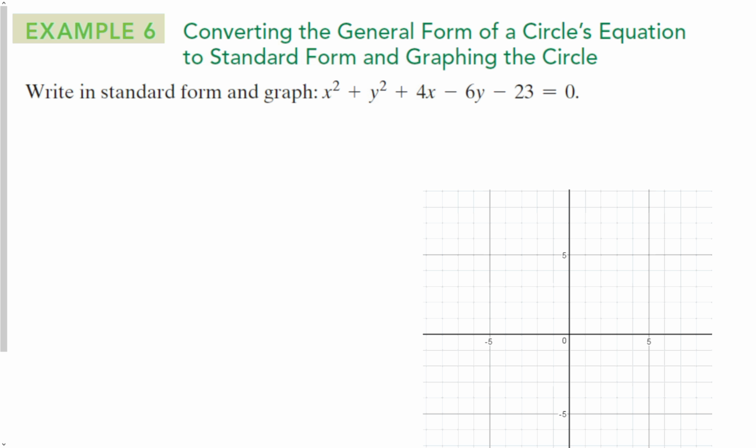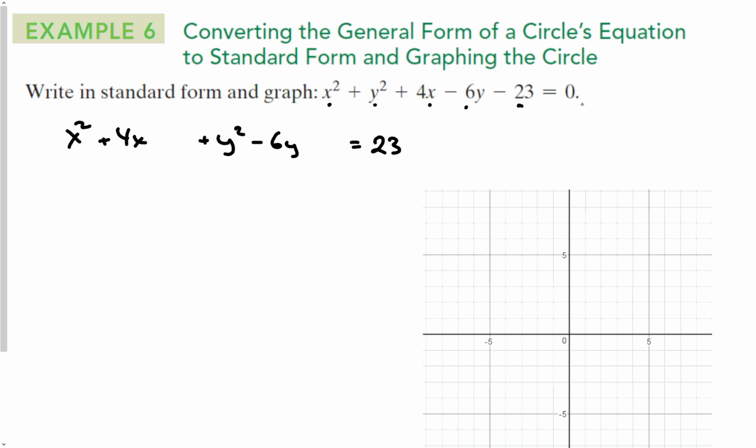And the way I'm going to do that is I'm going to write the x's together. X squared plus 4x. Then I'm going to write the y's together, plus y squared minus 6y. And then I'm going to move the 23 to the other side. Okay, so basically I just used the commutative property and I moved these two around.